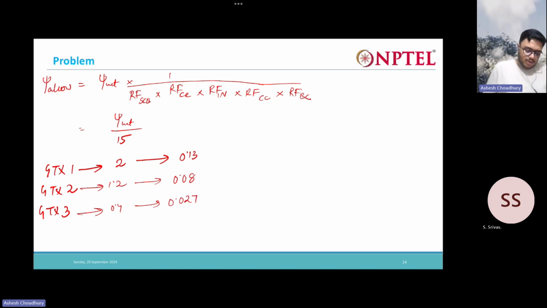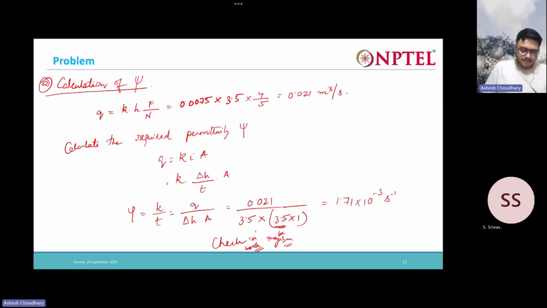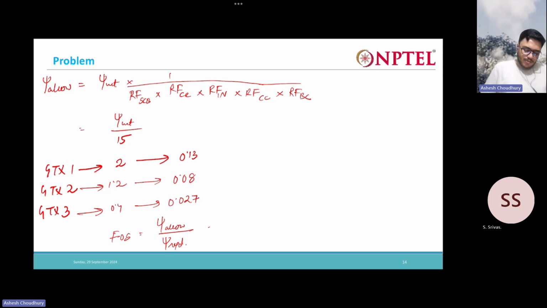Right, now next what do you have to find? You have to find the factor of safety. Factor of safety is the allowable by the required psi. The required psi is 1.71 to the power minus 3. These are the allowable values, 0.13 and so on. If we do this, we will get 76, 47, and this one will be 16.